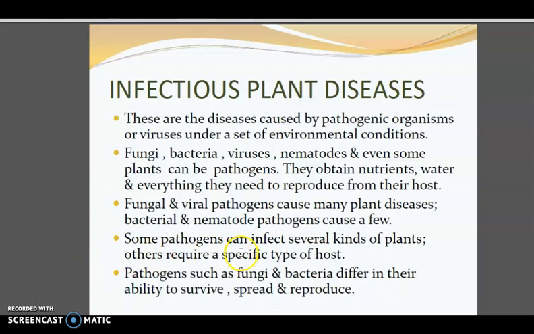Some pathogens can infect several kinds of plants and others are specific to a particular type of host. Pathogens such as fungi and bacteria differ in their ability to survive, spread and reproduce.